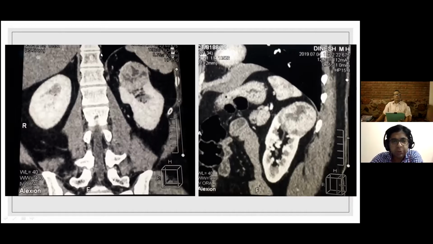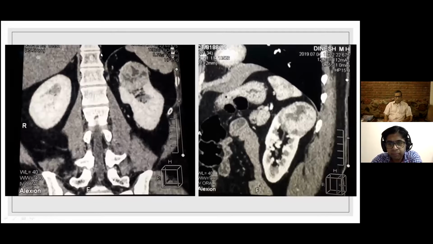So most probably, radiologically, we can diagnose it as a renal cell carcinoma. For further details, I want to go through the console view of the CT and other films to find out about extension and renal vein invasion and those things.